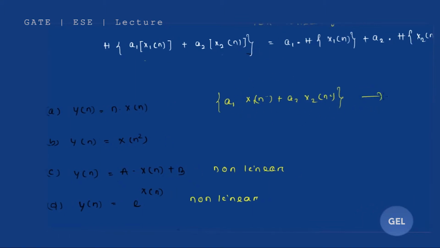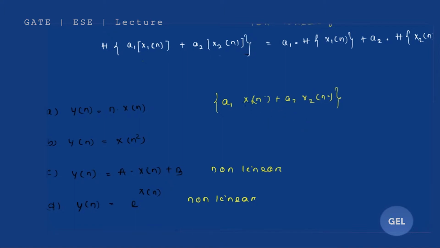If you take the transformation of this entire input signal, it will give you a1 x1 n square plus a2 x2 n square. This is what you will get for LHS.